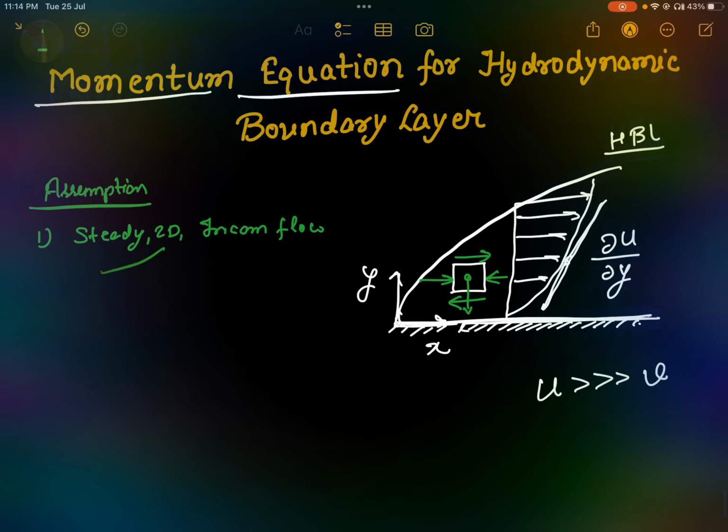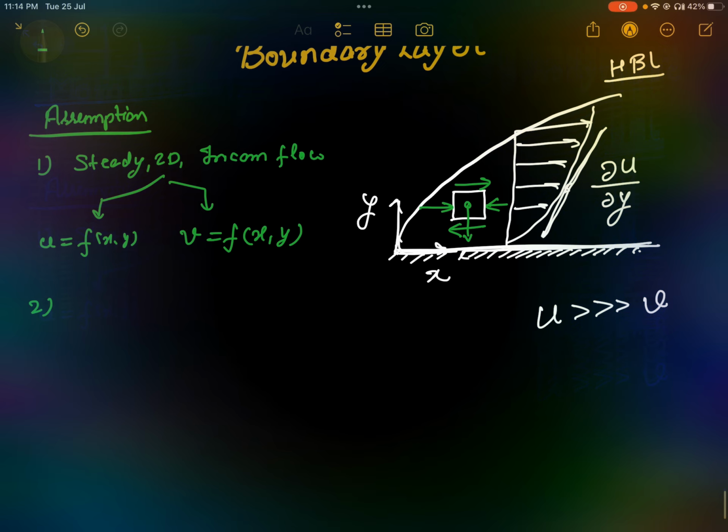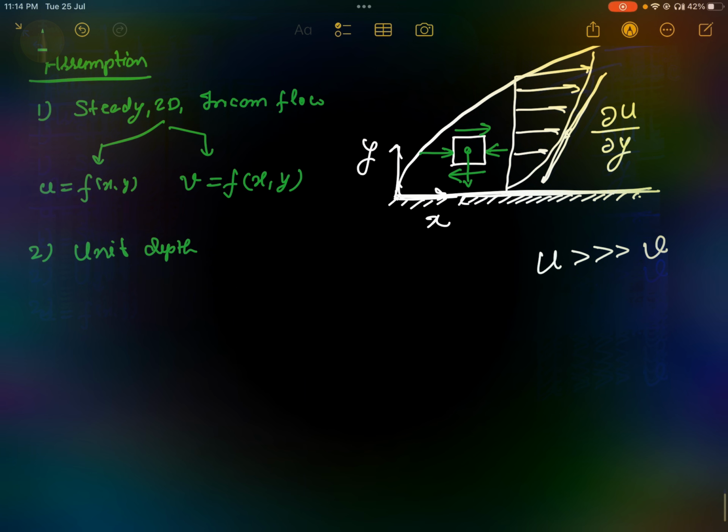2D means what? That the u velocity is a function of x and y. Also, the vertical component of the velocity v is a function of x and y. Second, that we have taken the unit depth, perpendicular to the plane of the figure.